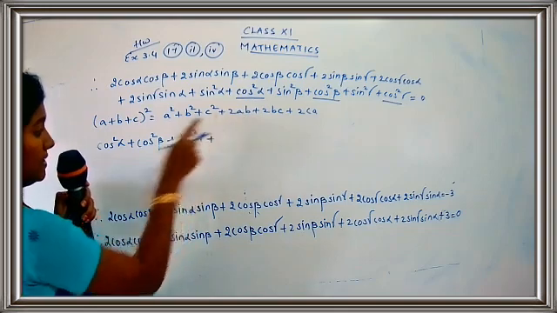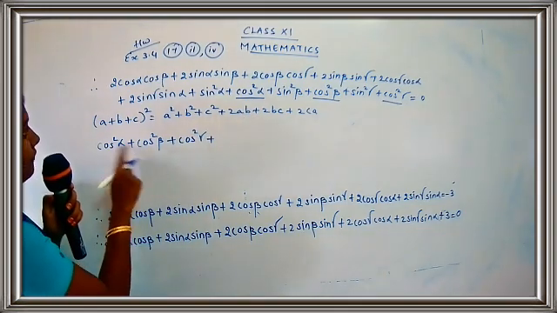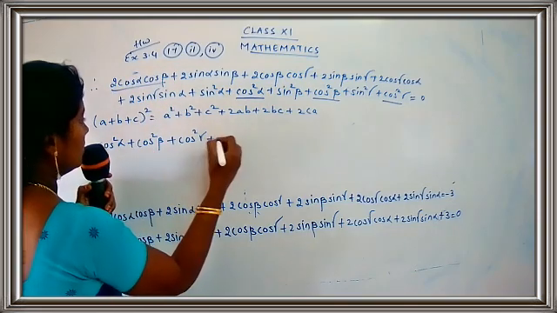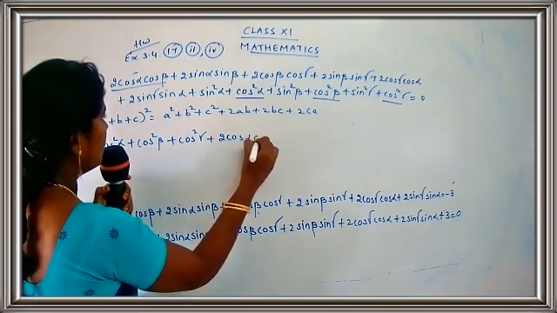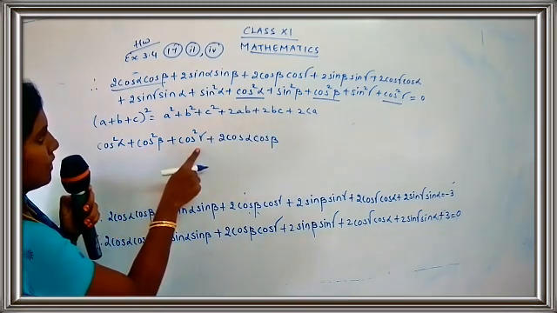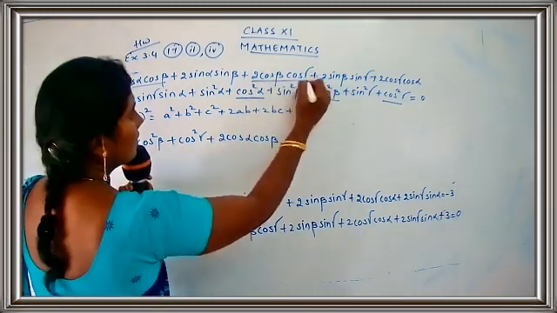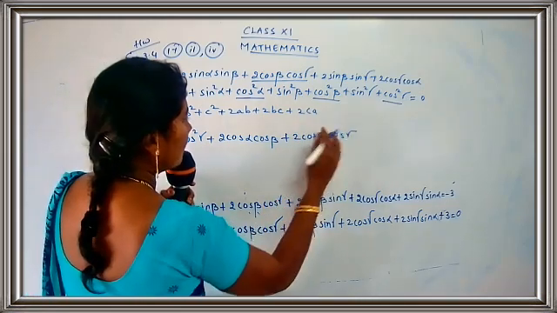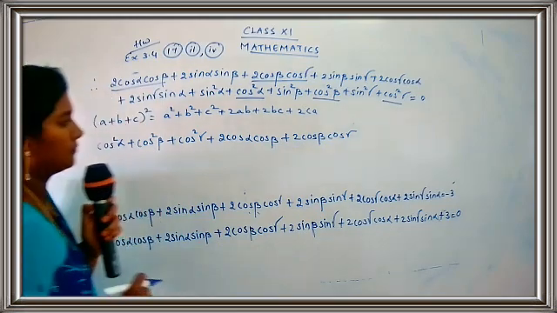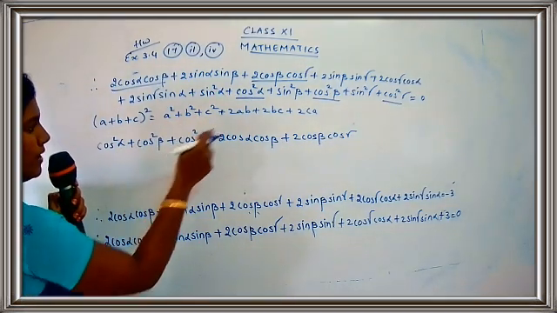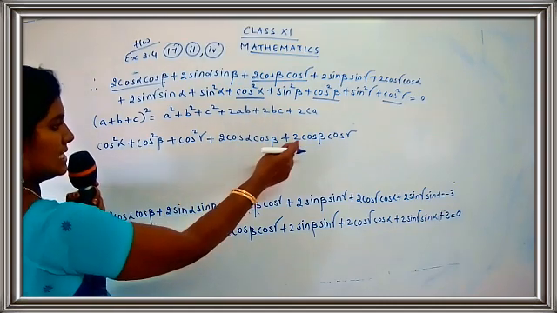2AB. 2AB, just see alpha beta. I want alpha beta here. So I'll just underline it, okay? 2 cos alpha cos beta. BC, beta gamma here. 2 cos beta cos gamma. A square, B square, C square, AB, BC, CA.